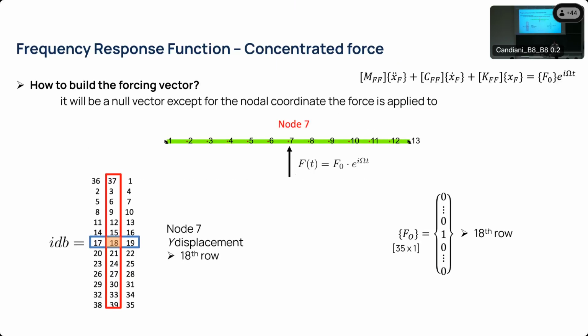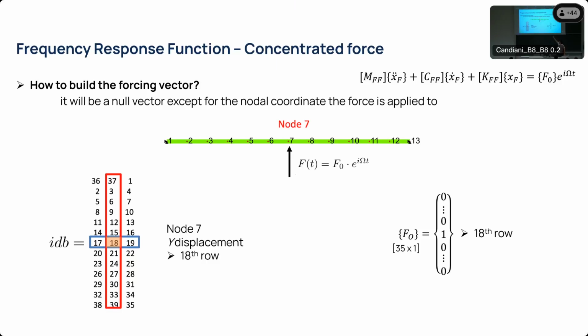Then we write the input vector to that problem, because remember, we know which are the forces applied to the various global coordinates, because those are the inputs of our problem, and the outputs are the values of xf, so the free coordinates over time.